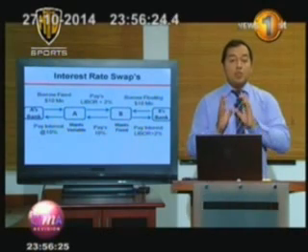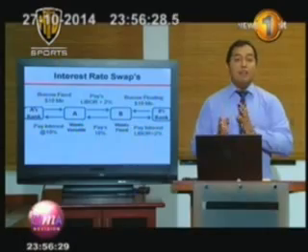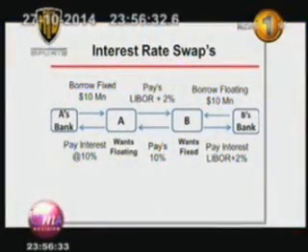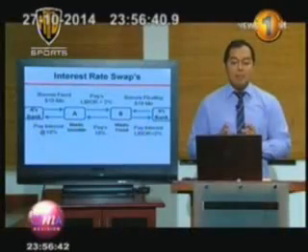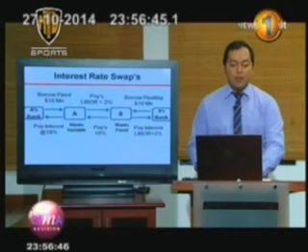So you need to know how you are going to split this benefit between the two parties and arrive at the total cost to A and the total cost to B. That is something you need to look at in your exam. This has been tested in your performance strategy paper. So you need to look at it carefully, but what is critical is you understand how the swap works.